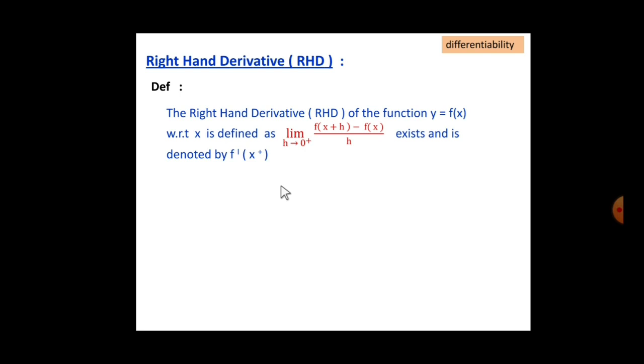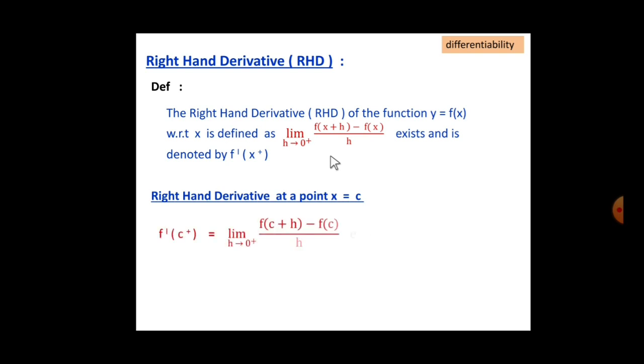Next is the right hand derivative at a particular point. This is the general x variable. Next is a particular point. As I said in previous definitions, the general variable x is replaced by the point c. f dash of c plus is equal to the limit as h tends to 0 plus of f of c plus h minus f of c divided by h.